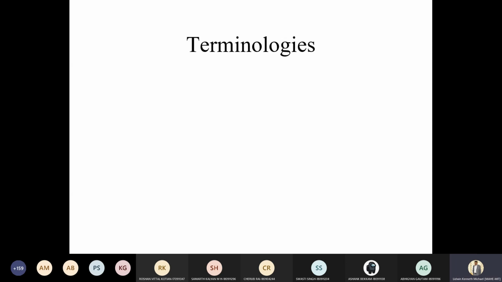Okay. Now there are certain terminologies that you need to keep in mind. Sunk cost. Any idea what this means? What is a sunk cost? Sunk cost. Yeah, I think so. Somebody would like to answer? AG, would you like to answer?